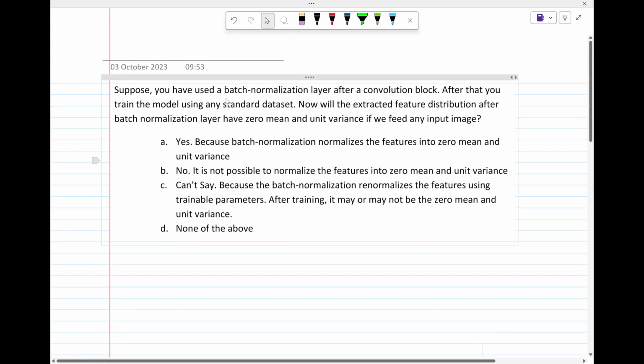Suppose you have used a batch norm layer after a convolution block. After that, you train the model using any standard dataset. Now, will the extracted feature distribution after the batch norm layer have zero mean and unit variance if we feed any input image?